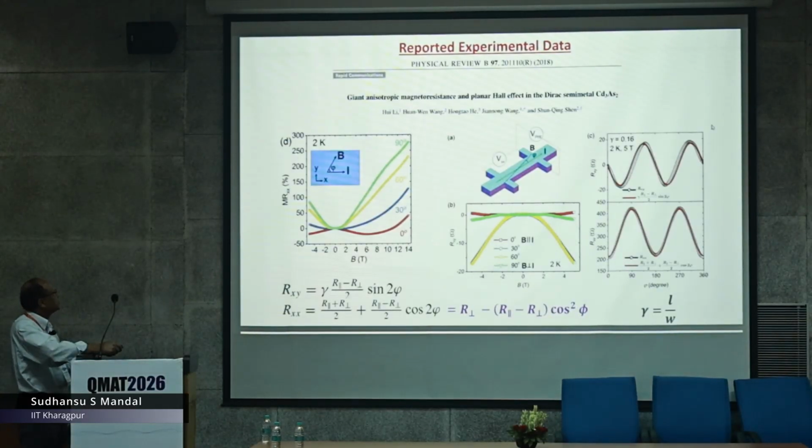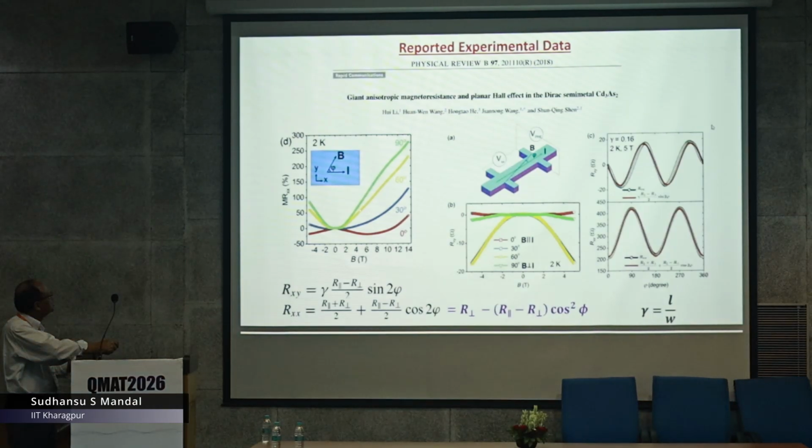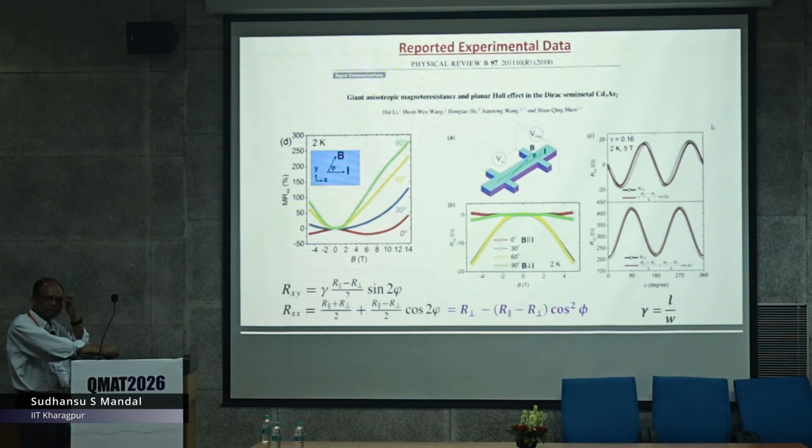Okay, so this is another experiment. As you can see, the magnetoresistance is at 0 degree. So here the angle is only in the plane, not in the perpendicular. So only in the plane. The magnetoresistance, you can see, is negative here and then becomes positive also. So it's not that it's always negative, it can become positive.